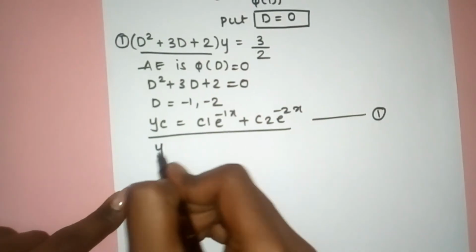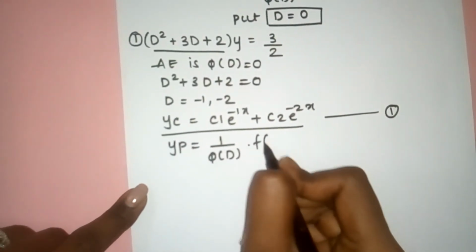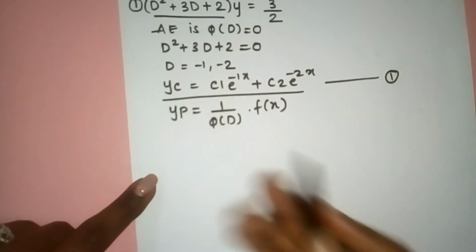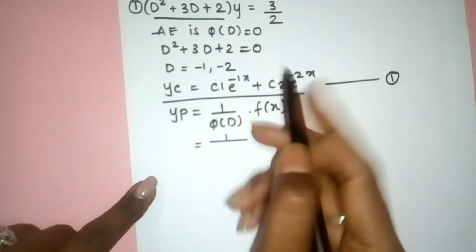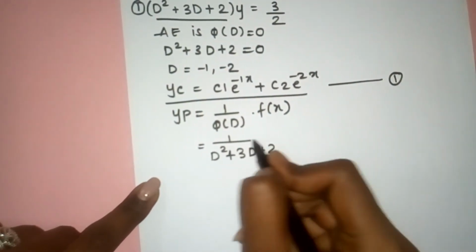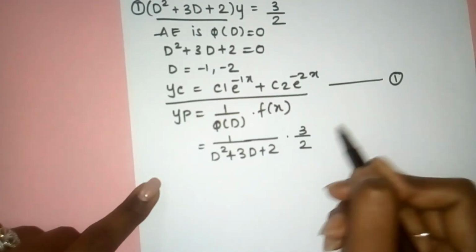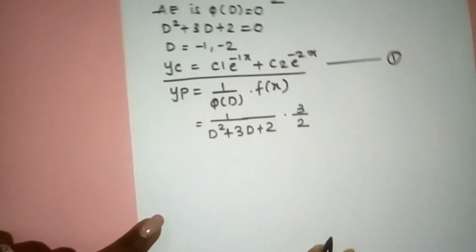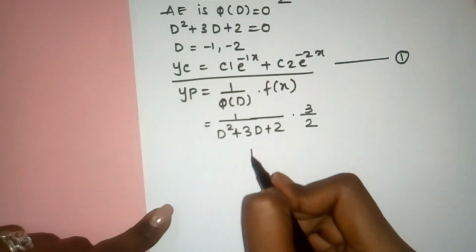So now yp is equal to 1 upon phi of D into f of x. So 1 upon phi of D, phi of D is this part. So we'll write it as 1 upon D square plus 3D plus 2 into 3 by 2, as this is the f of x. Now when we have a constant as f of x, we'll put D is equal to 0.